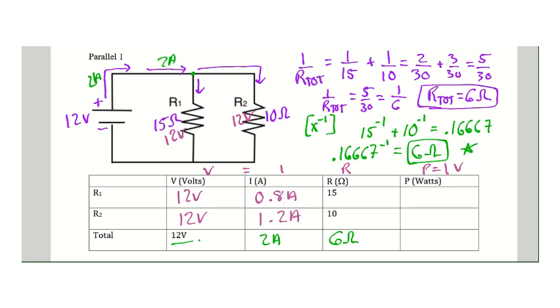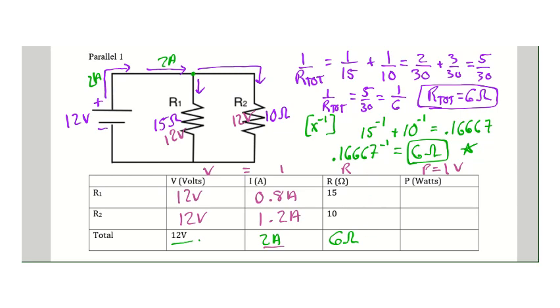If we refer to the rules for a parallel circuit for current, it says that it adds. So if I do 0.8 plus 1.2, I get 2 amps. So just to recap, parallel circuit, voltage is constant, current adds, and the way that we got this 6 ohms was using the rule reciprocals add.